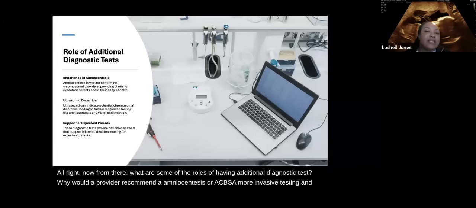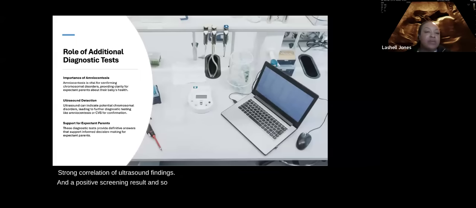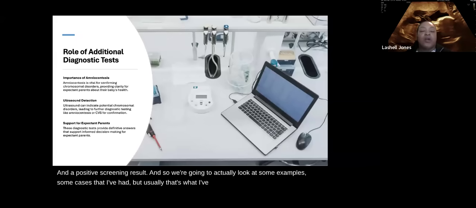Typically, the invasive tests aren't offered unless there is a strong correlation of ultrasound findings and a positive screening result. And we're going to look at some examples, some cases that I've had. But usually, that's what I've seen, where the additional diagnostic tests will be offered in those settings.